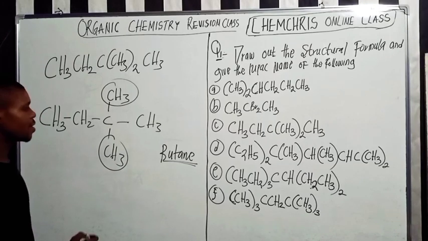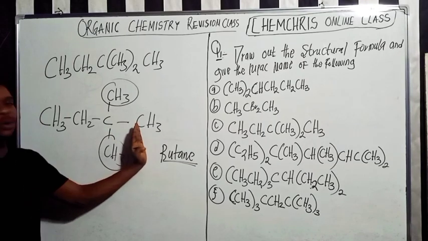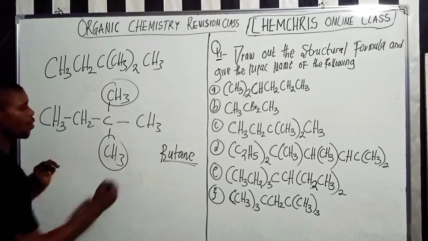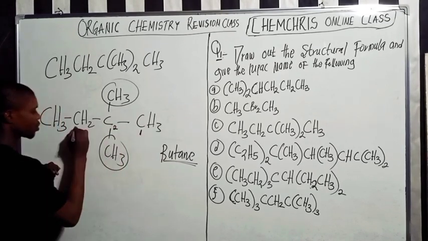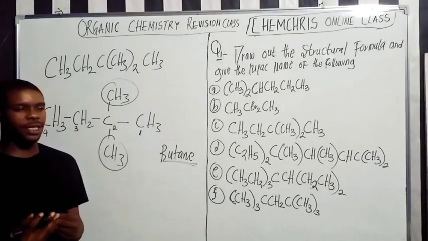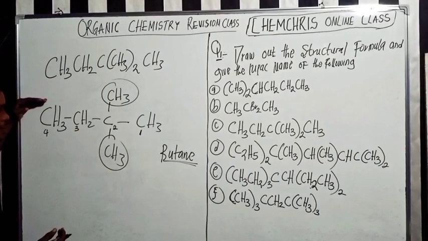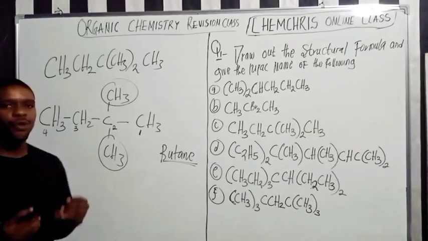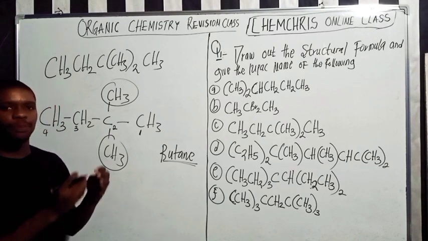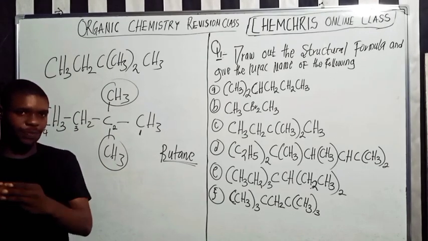Now, if I check very well, you have this one and this guy, 2 methyl groups, right? So my numbering will start from here because this is where we have the lowest possible number. So we're going to be 1, 2, 3, 4. Now, if you are new here, you'll be wondering, what about if you start from here? The rules of nomenclature state that when you are naming organic compounds, the summation of the positions of the substituents must have the lowest possible number.